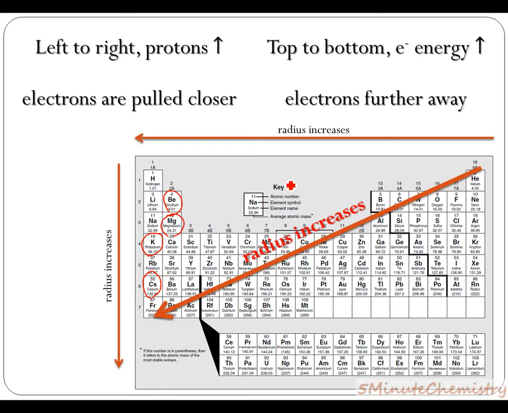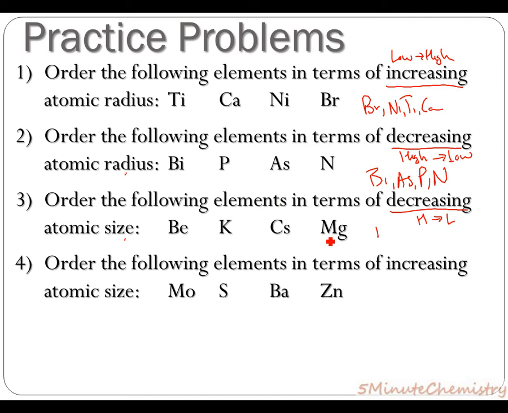The diagonal trend again is an increase in radius going from top right to bottom left, but I want the decreasing order, so I want to go from the high values, bottom left, to the low values at the top right. So the order that I'm going to choose is cesium, potassium, magnesium, beryllium.